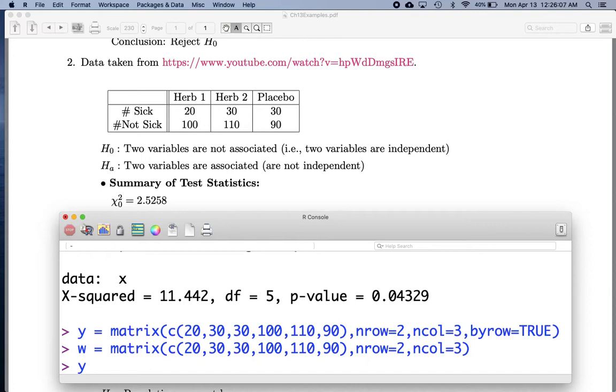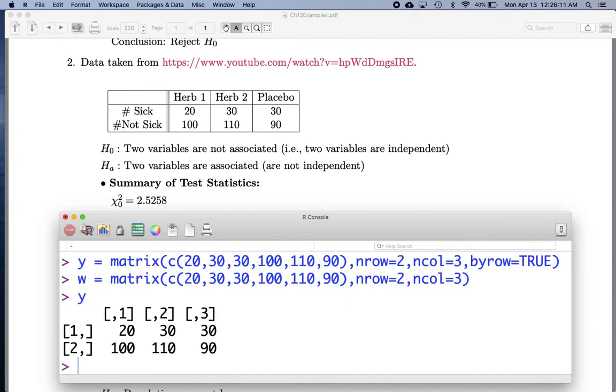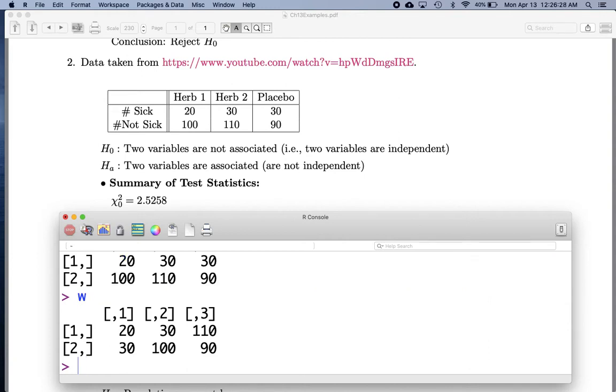So Y is the matrix that we've put all this stuff in by row. So we get 20, 30, 30, 100, 110, 90. If I look at the matrix W, it's going to put everything in by column. So the columns will be 20, 30, 30, 100, 110, 90. So it goes that way. We really want the data put in by row.